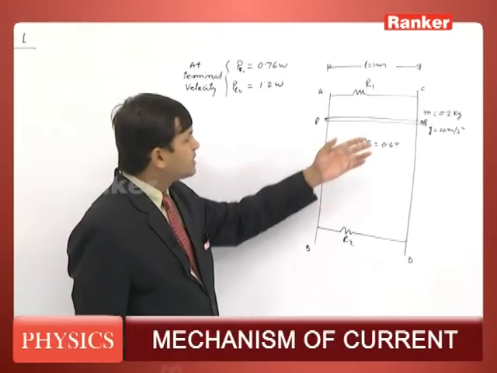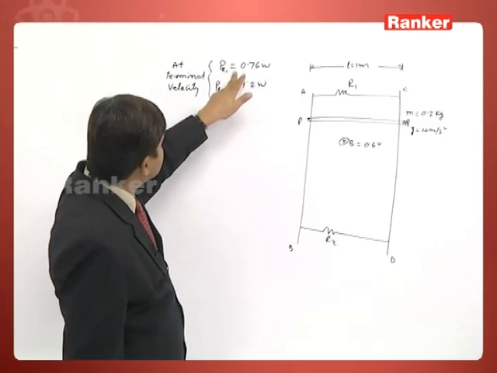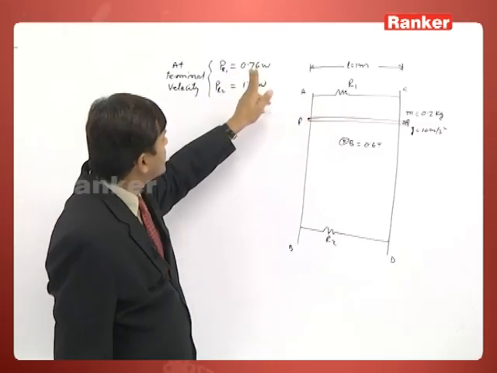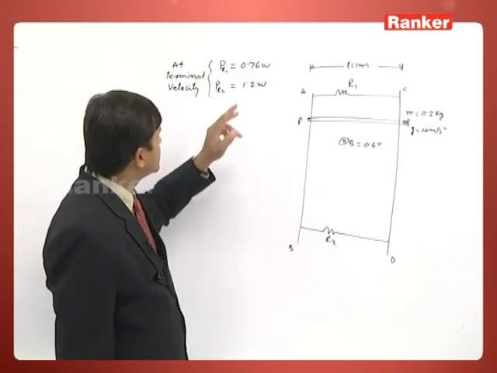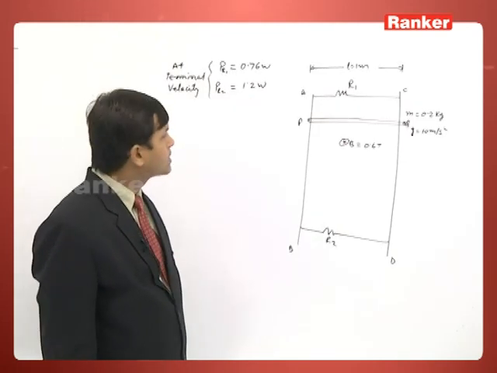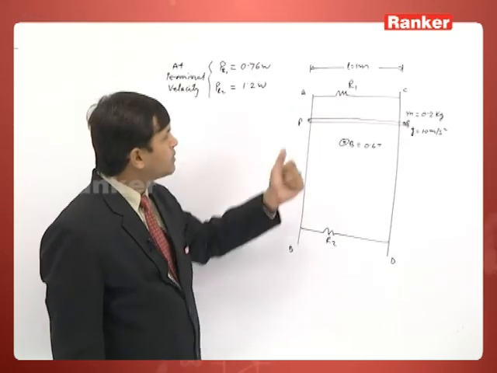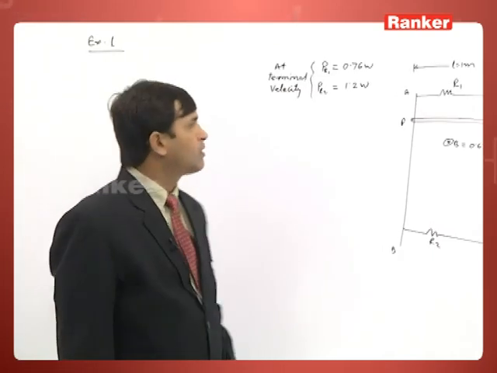It is given that the terminal velocity is there. At that moment, the power dissipated across the R1 resistance is 0.76 watt and the power dissipated across the R2 resistance is 1.2 watt. Then what is the terminal velocity and what are the values of R1 and R2? This is the problem here.